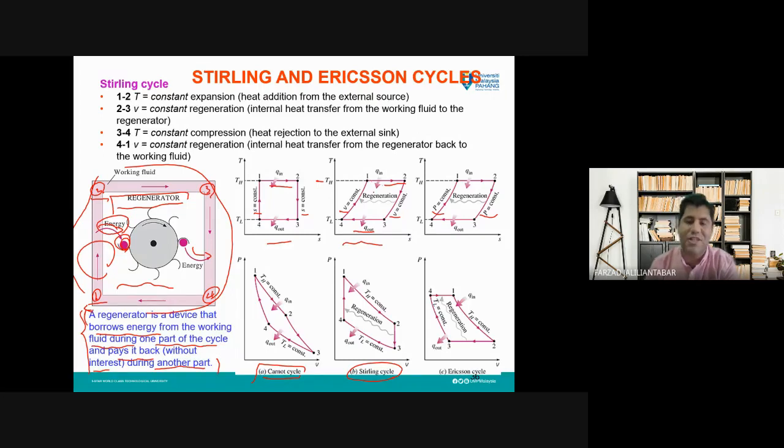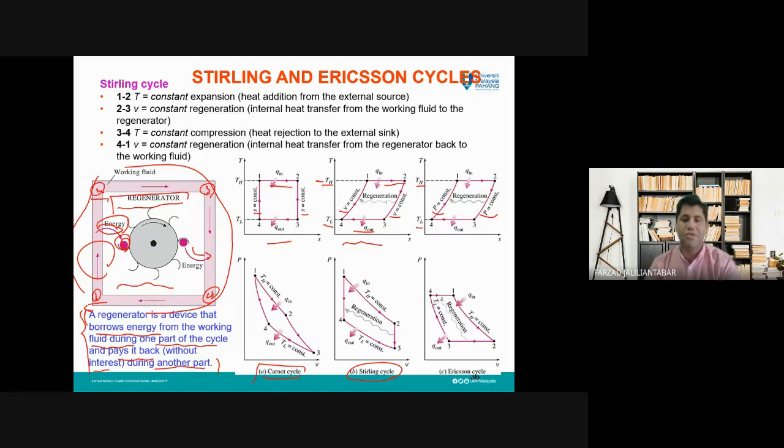Heat addition and heat rejection in these two cycles occur in an isothermal manner, as you can see here. It means, you can see also from the diagram, the graph is more similar to the graph we have for the Carnot cycle.